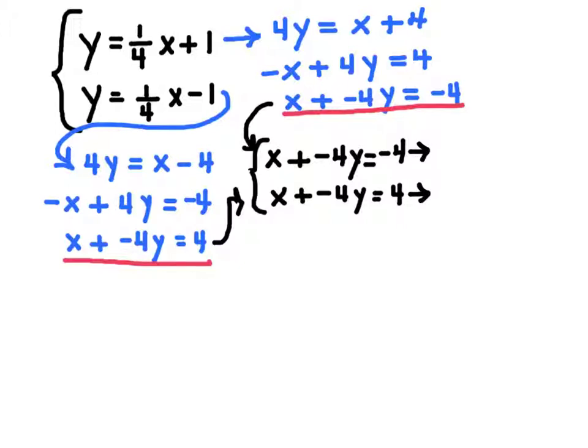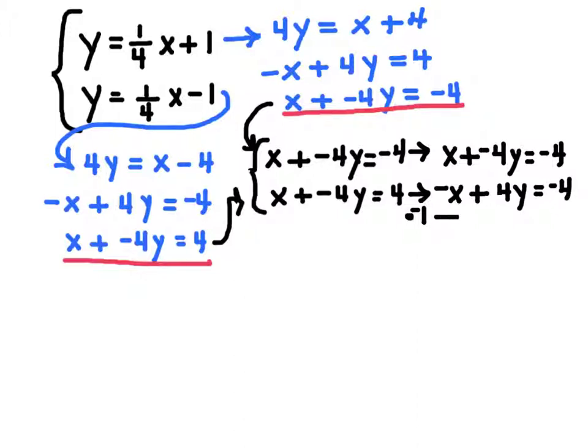And let's go ahead and rewrite our first equation as x plus a negative 4y is equal to a negative 4. And our second equation, let's multiply it by a negative 1 all the way across. So we end up with a negative x plus a positive 4y is equal to a negative 4.